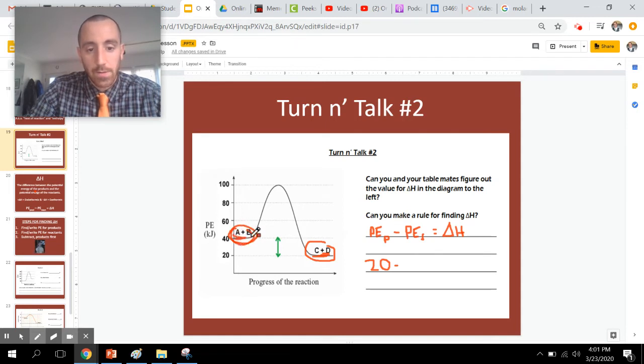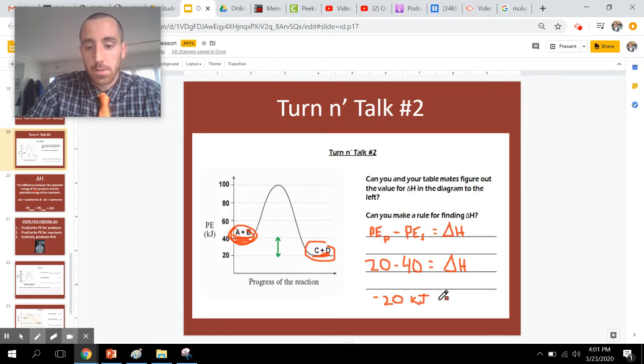It's 40 right there. So 20 minus 40 is going to equal our delta H. Well, now you see why the sign is so important. In this question, that'll be negative 20. And that negative sign means something very important. So our answer to this is negative 20 kilojoules will be our delta H.